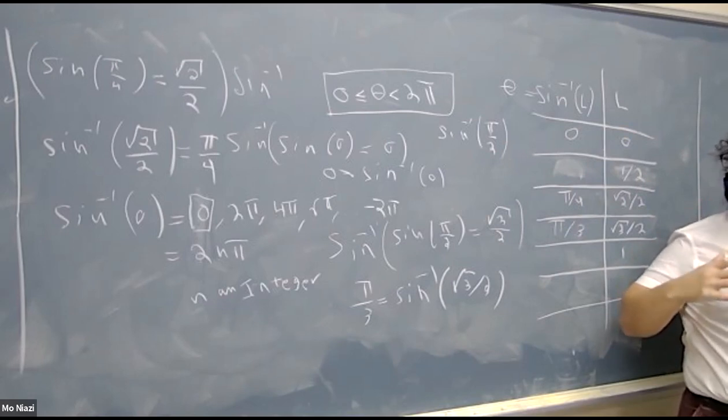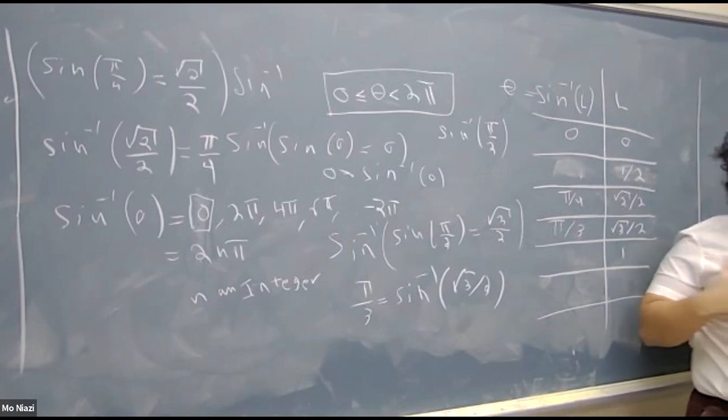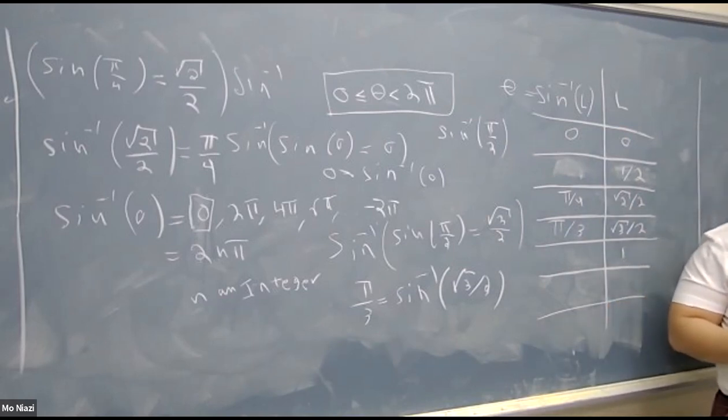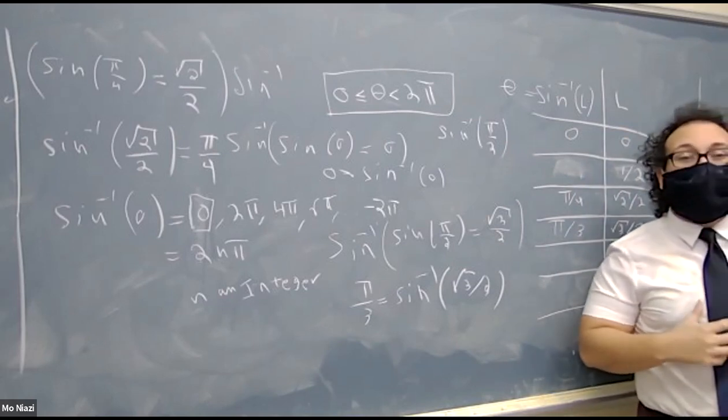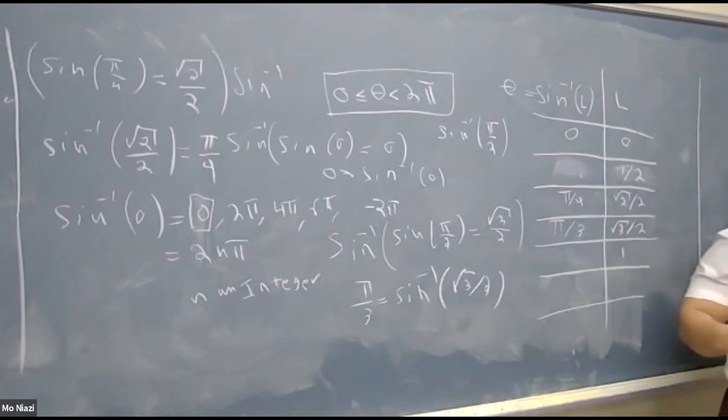Sine inverse asks you the question: at what angle is sine of pi over 2? At what length does it output? So sine of pi over 2 says at the angle pi over 2, what is the length?